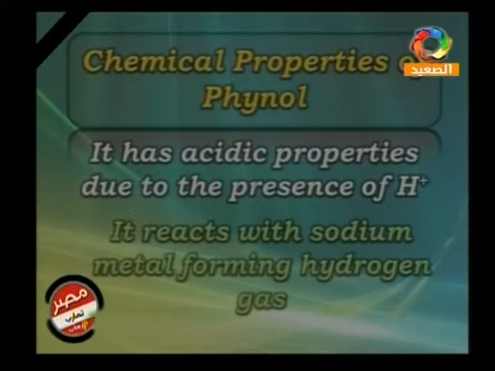The OH bond in a hydroxyl group is normally very strong, but in phenol the attraction of the benzene ring for the electrons on the oxygen atom makes the hydrogen free to move out of this compound. So the acidic property is due to the presence of the hydrogen proton here. It reacts with sodium metal, forming hydrogen gas, as we see here.